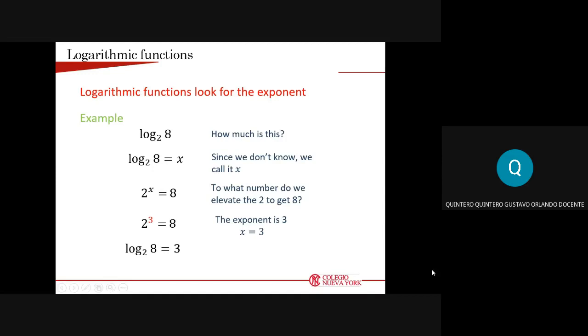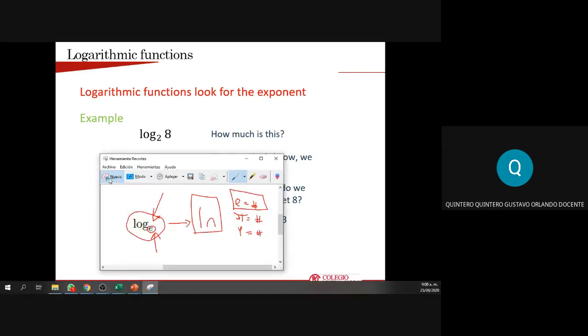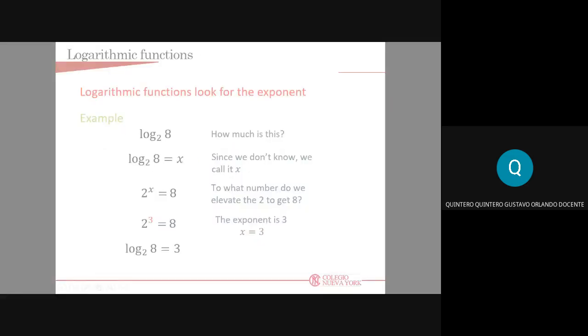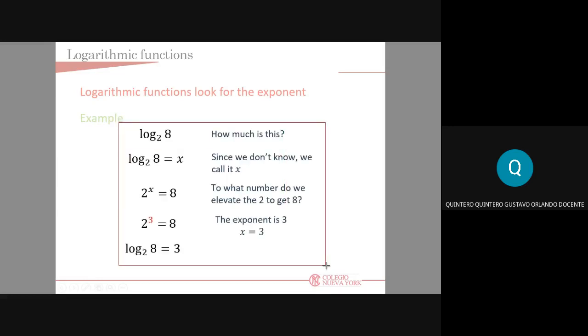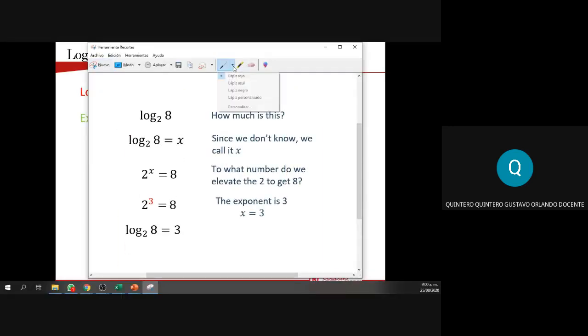So remember, look at this. Since x equals 3, I can just put it here, because that is the value we are looking for. We are looking for the value of x. So there it is: logarithm to the base 2 of 8 equals 3.